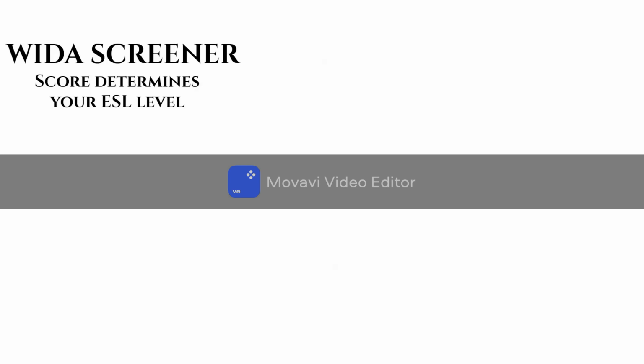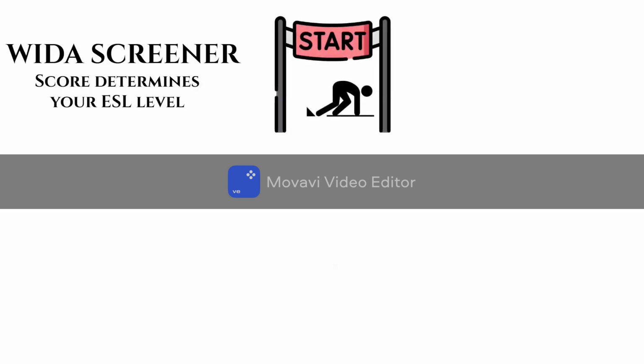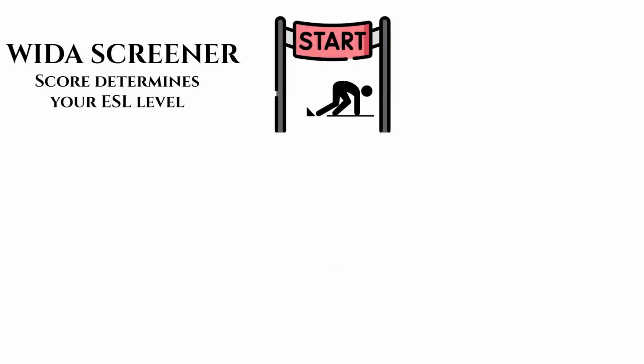So if the child, for example, scores a 2.1 on the screener, most likely they will be placed in a level 2 ESL. So the best way to think about the screener is that this is when a child or a student is starting the race.